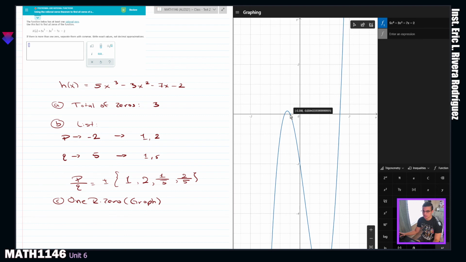And 2 over 5 is 0.4. Okay. So what we are seeing there is the one rational zero, and that rational zero is negative 2 over 5.